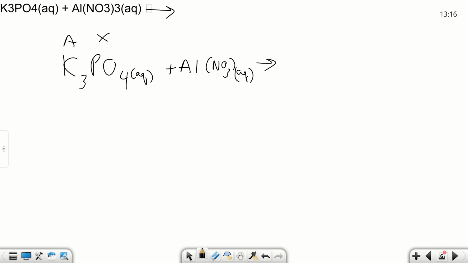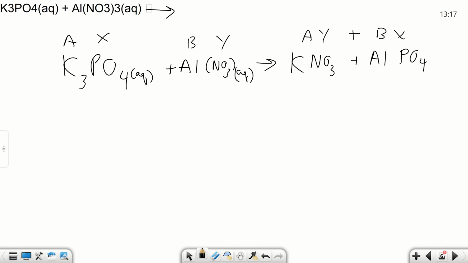AX plus BY is going to form AY plus BX. So A is K, don't bring the subscript, and Y is NO3, plus AlPO4. Let's check the charges.